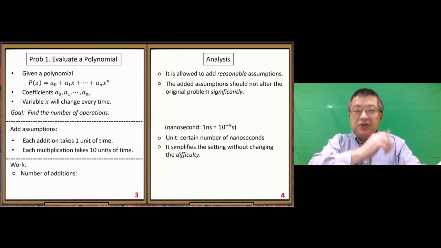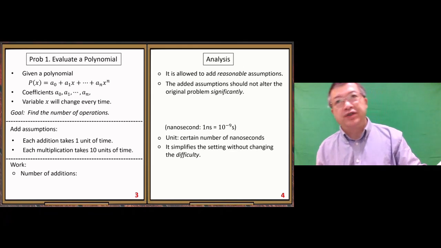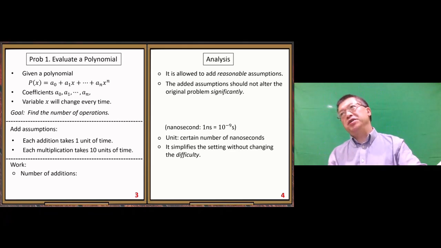Let's count the number of additions first, then multiplications. Do you know how many additions we need for this problem? I cannot hear your answer, but let me do some analysis, and you can see if you use the same method as mine.